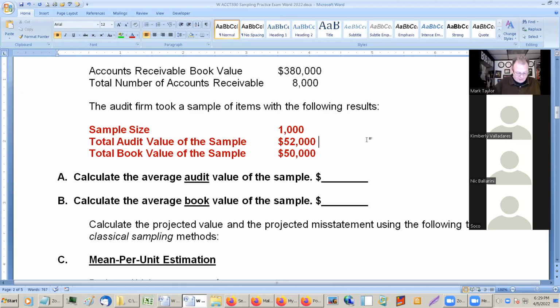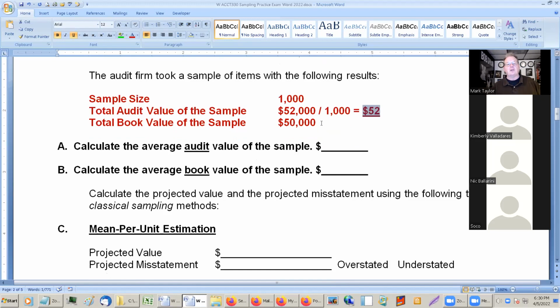So we have 52,000 divided by 1,000. It's $52. So that's the audit value.